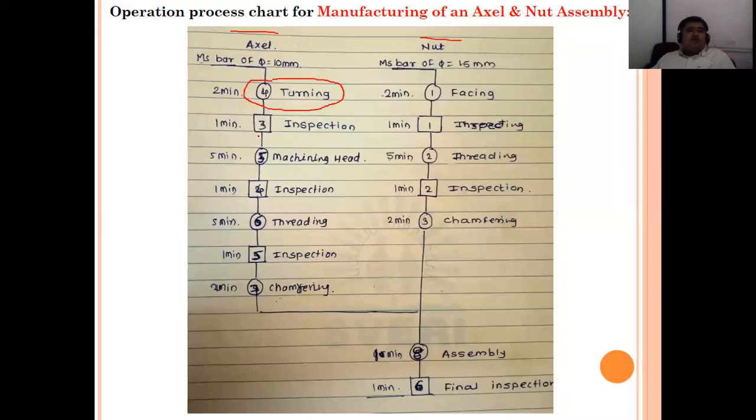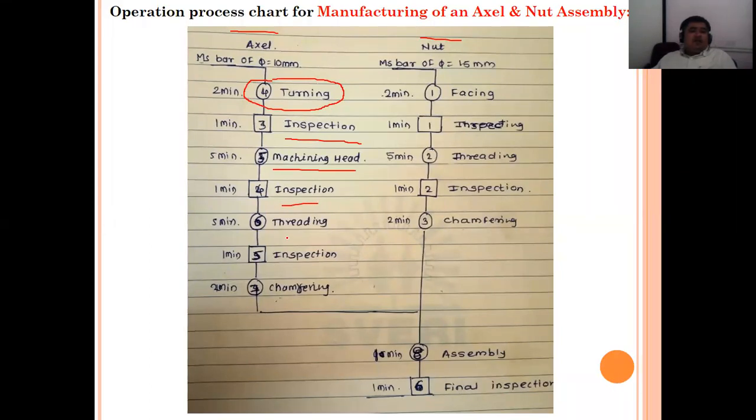What does the box indicate? The box indicates that inspection is there. After turning, the diameter and length inspection is done. After that inspection, again a circle is there. That means again turning or facing on the machine head is there. Again inspection is there.